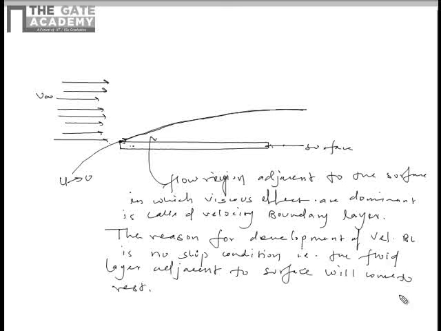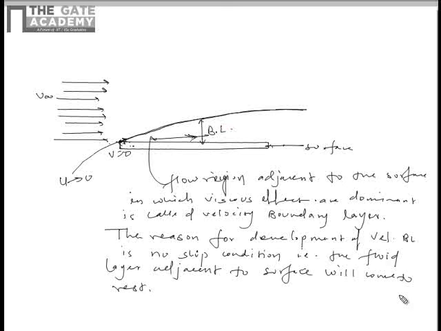So, due to the no slip condition, at the leading edge velocity goes to 0, and as we move in this direction, velocity will increase. So this region is known as the boundary layer.